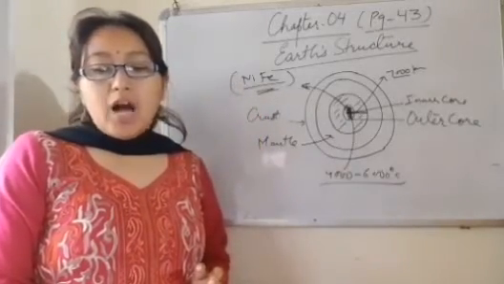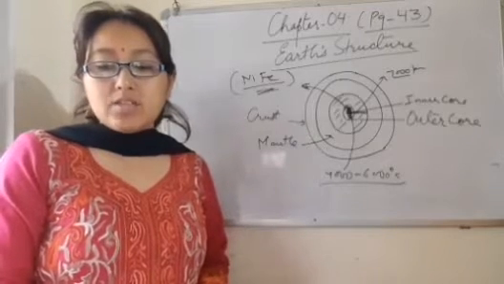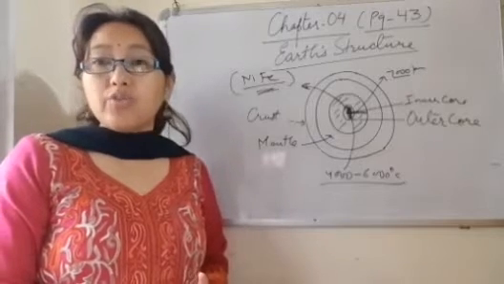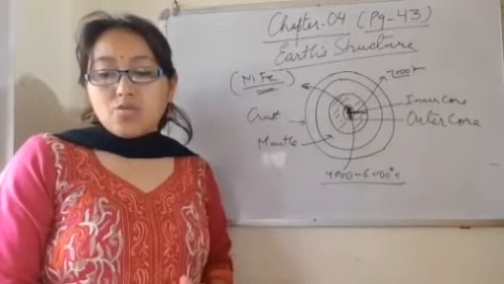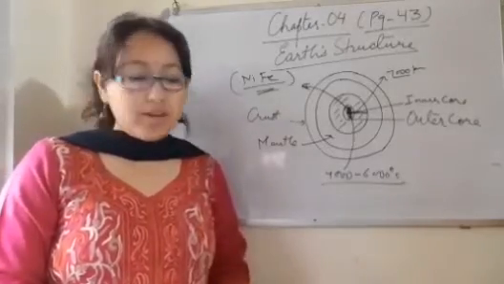The temperature in the outer core is extremely high, and all minerals melt at this high temperature, but in the inner core, due to great pressure of the overlying strata, the rocks behave like solid rather than liquid material.